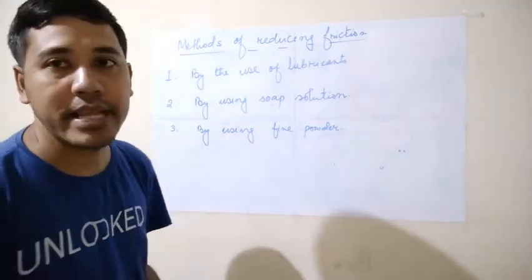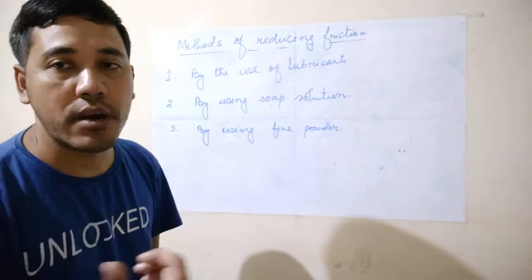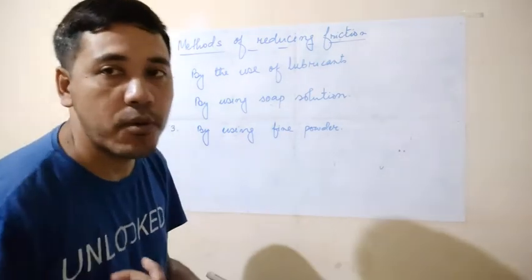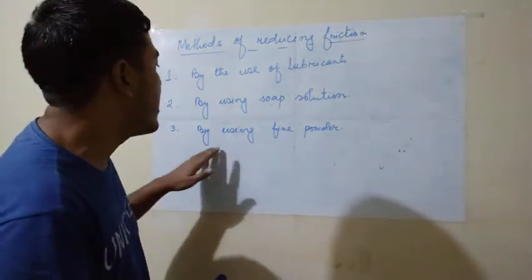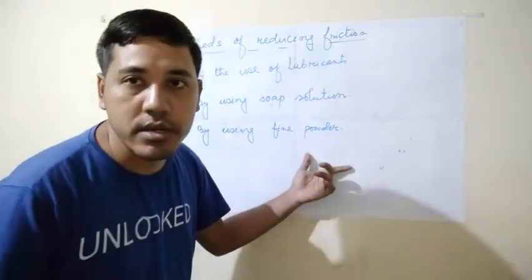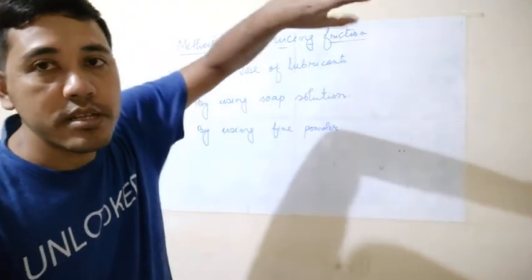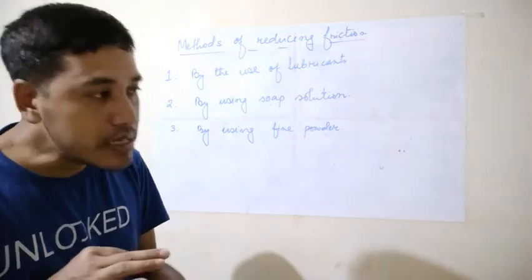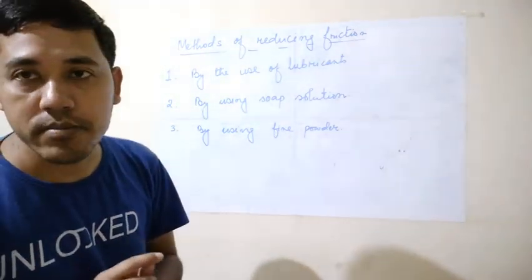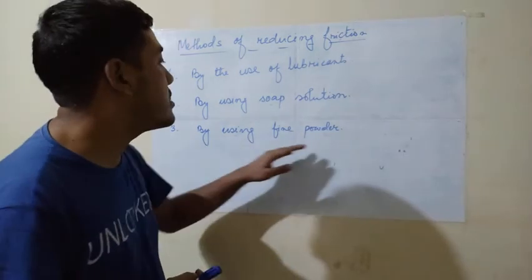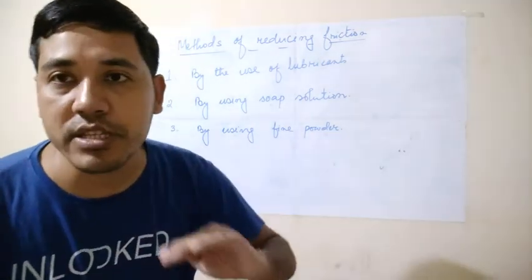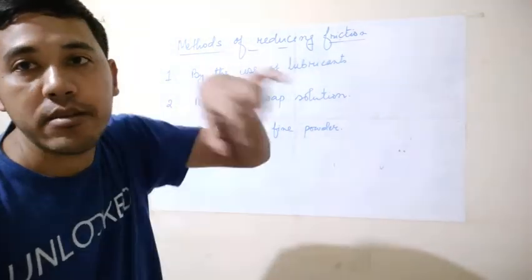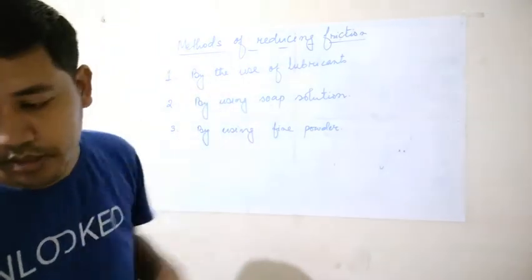Because of the talcum powder, the coins of the carom can easily move on the board, and we can easily play carom. That's why fine powder helps in reducing the friction force between the carom coin and the board.